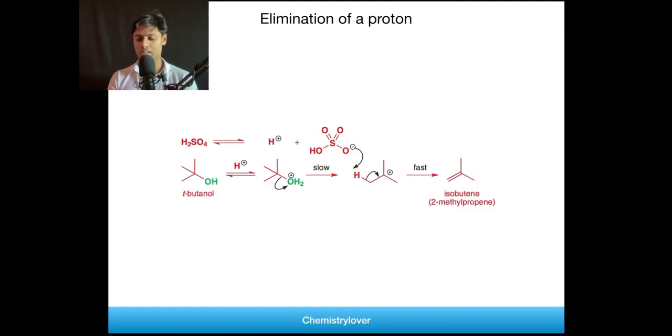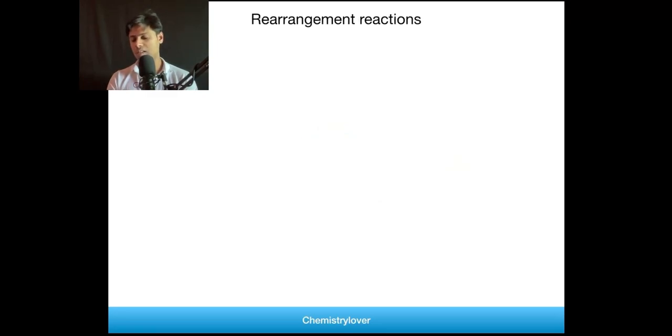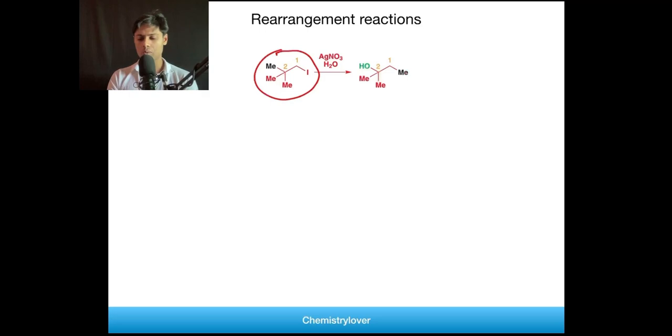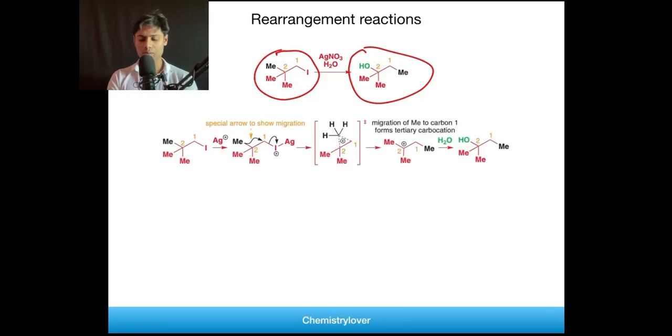The next reaction is the rearrangement reaction, and this is interesting. You can see in case of rearrangement reaction, this is the species which is rearranging to this. So how is it happening? In the first step Ag plus forms a complex with this iodine, because iodine has affinity towards silver.